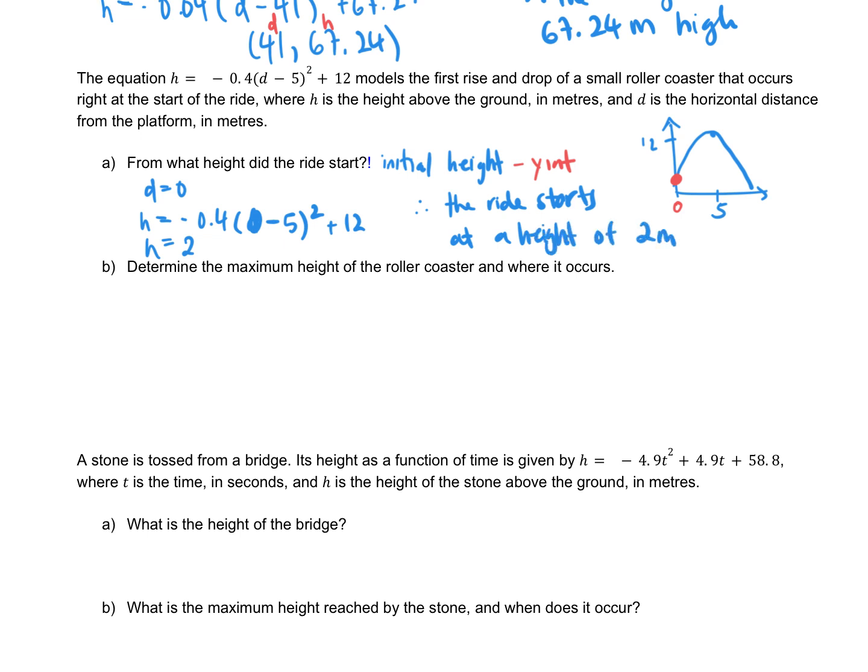Determine the maximum height of the roller coaster and where it occurs. Well, this is perfect. We were given vertex form. We know the vertex is 5, 12, and d is in the x position, h is in the y position. So the maximum height is 12 meters, and it occurs at a horizontal distance of 5 meters from the platform.